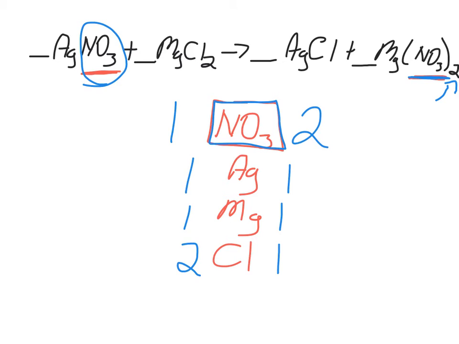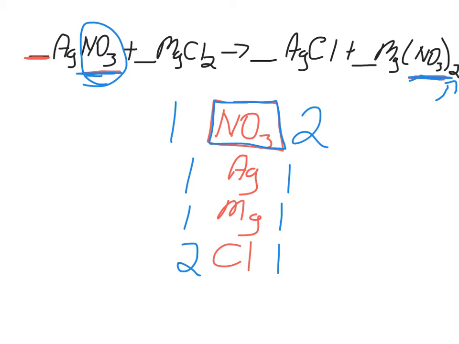I told you can just start with whatever element you wanted, because you didn't have a polyatomic ion, right? But here you have a polyatomic ion. So whenever you have a polyatomic ion, I would begin with those first, okay? And that will make your life a little simpler. So that is unequal. What can we put on the reactant side to make it equal?